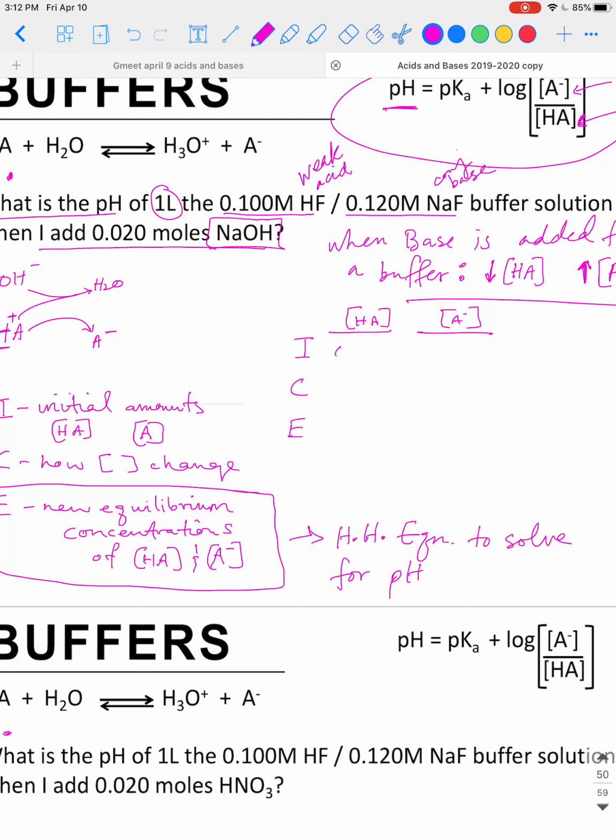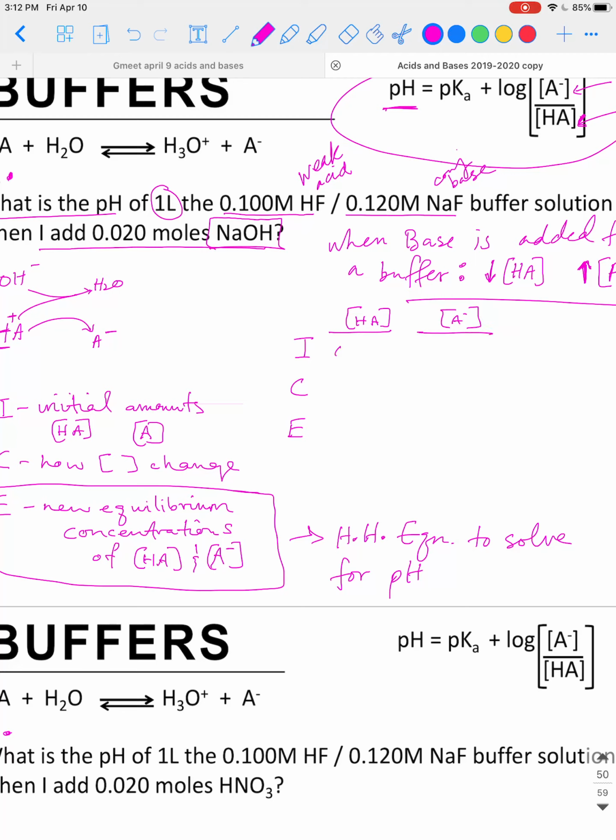How are they going to change? Well, they're going to change based on the amount of base that we add. Notice we're in concentrations of molarity. That's what the M's stand for right here. So we need to figure out how much base we add in molarity. Well, we're given moles and liters. How do you solve for molarity? We'll do that right here. Remember, molarity equals moles over liters of solution.